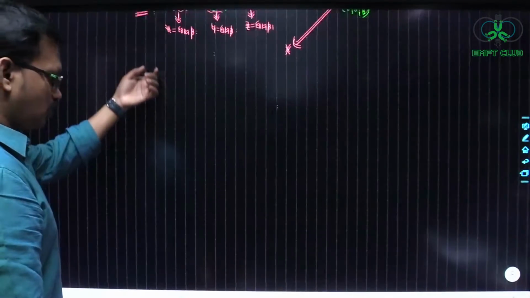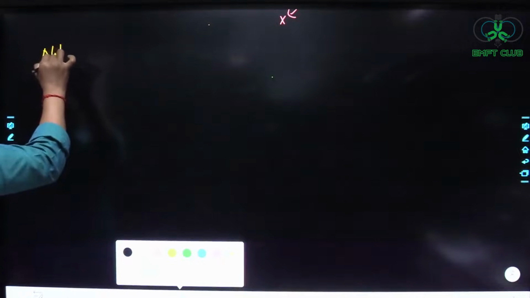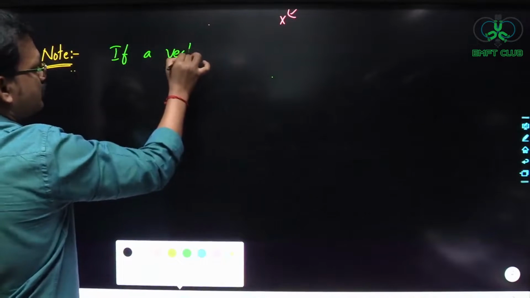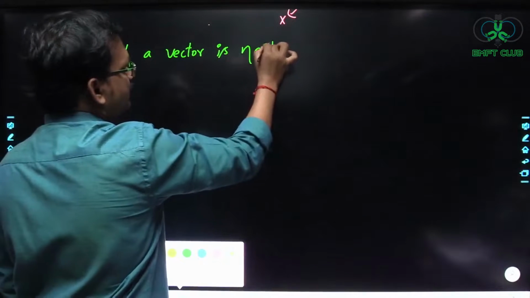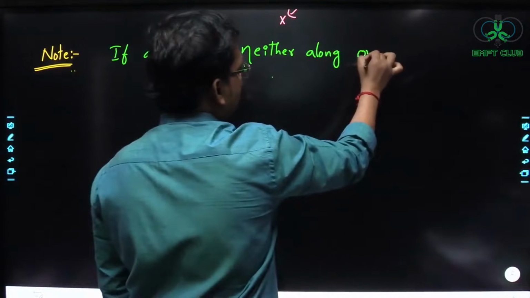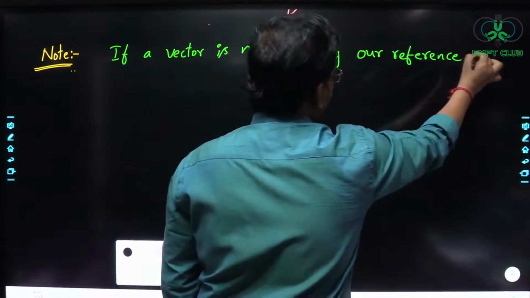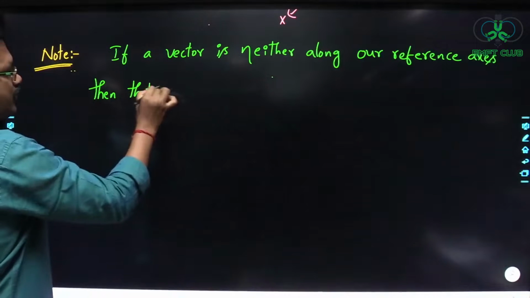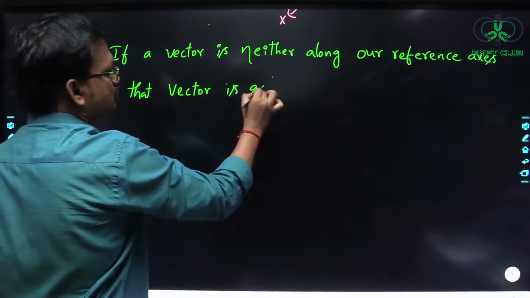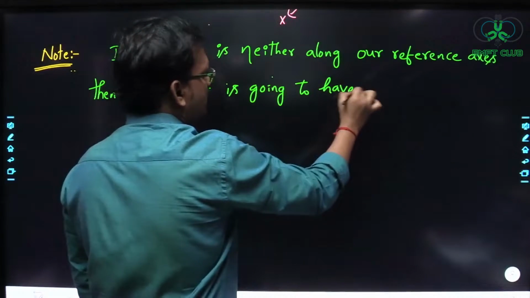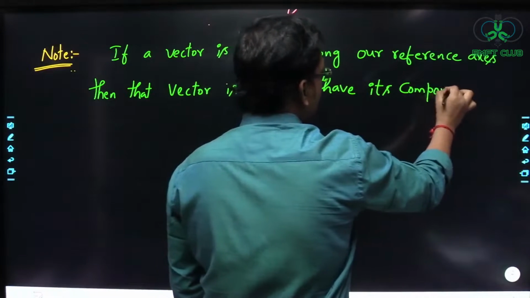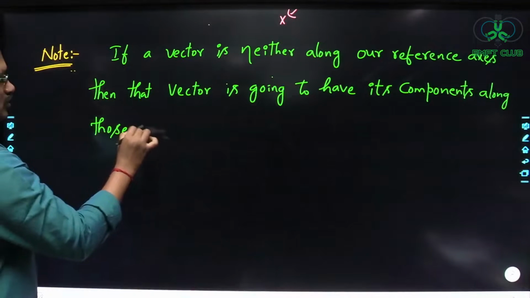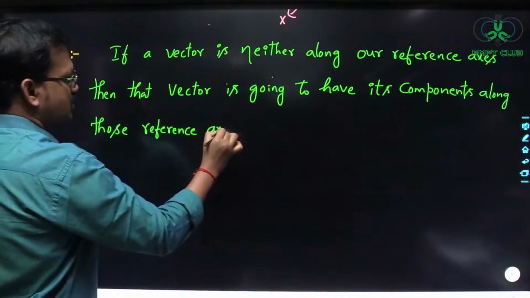So write down a note here: if a vector is neither along our reference axis, then that vector is going to have its components along those reference axes.